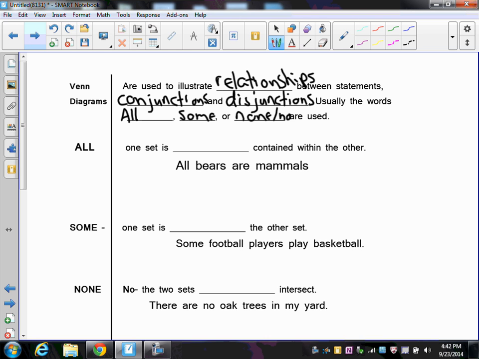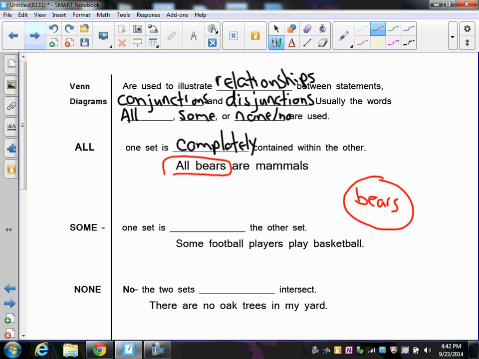So whenever we have something that's all, we would say one set is completely contained within the other. So doing our Venn diagram as before, all bears. So here we go, we have bears are mammals.